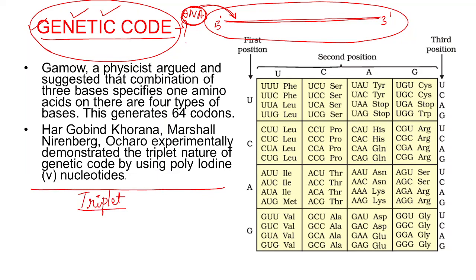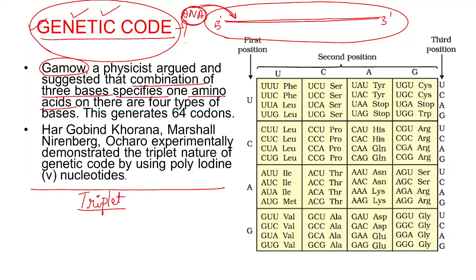The physicist by the name Gamow argued and suggested that a combination of 3 bases specifies one amino acid on the particular mRNA. Why is the genetic code triplet?